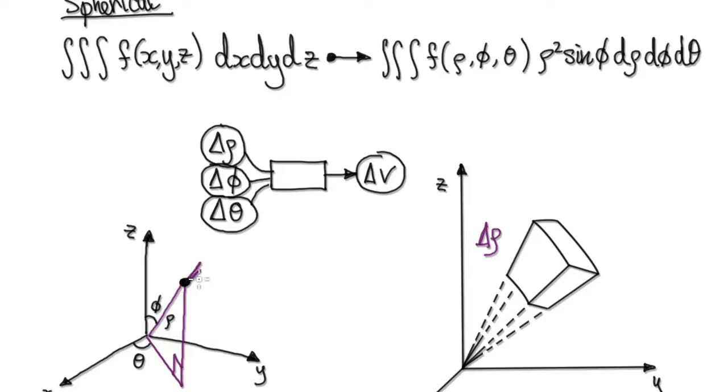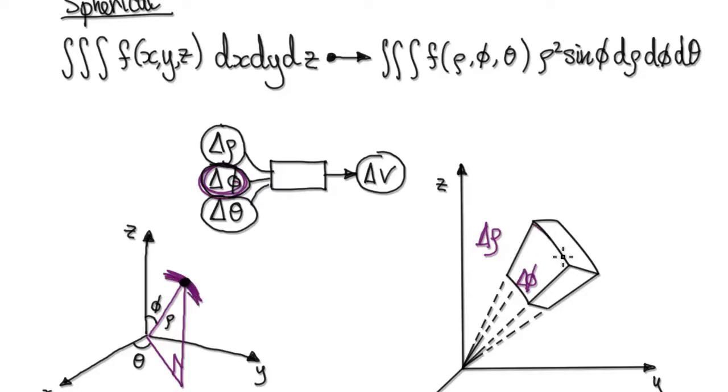You nudge the radius slightly, and then you nudge this angle slightly. When you nudge this angle slightly, it will move like this. So this is your delta phi.